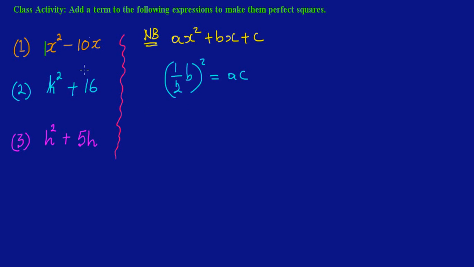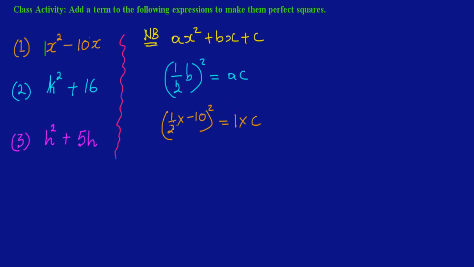So we would have here a half, and b is negative 10, times negative 10, all squared. We're just substituting, and that must be equal to a times c. I placed the coefficient of x squared, which is a, there, so I have a times c, but they didn't give us c, so c is what we're solving for.